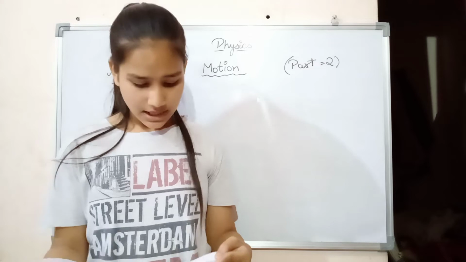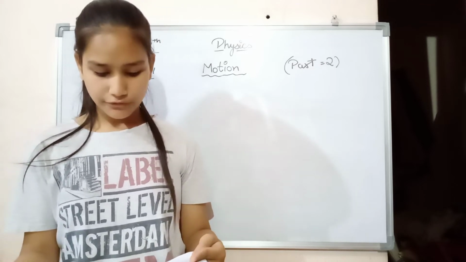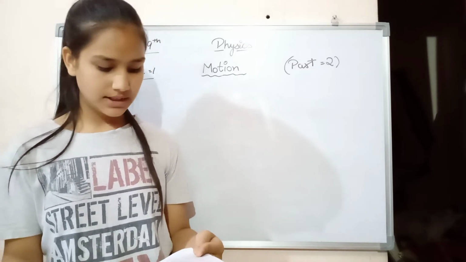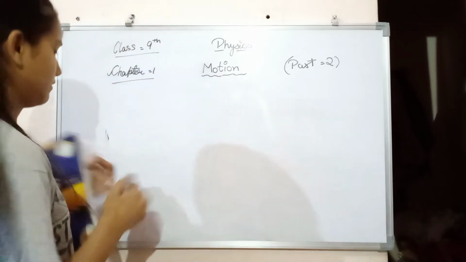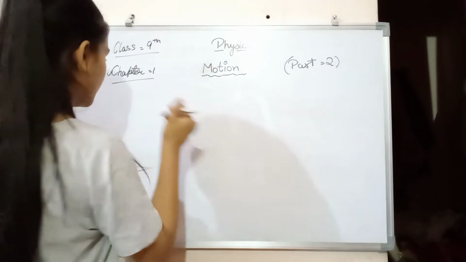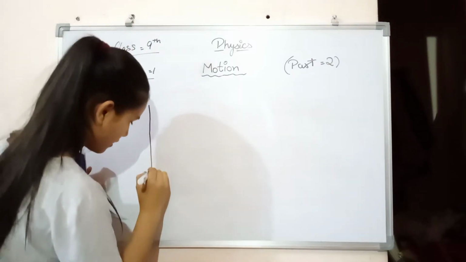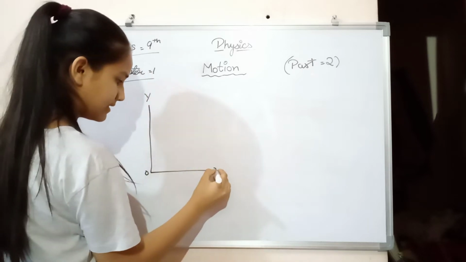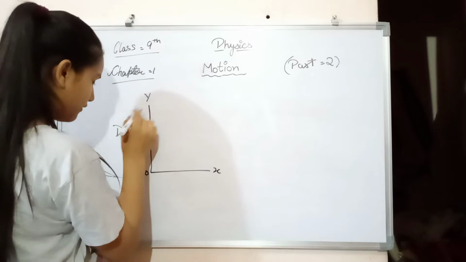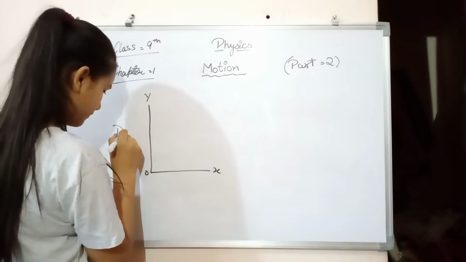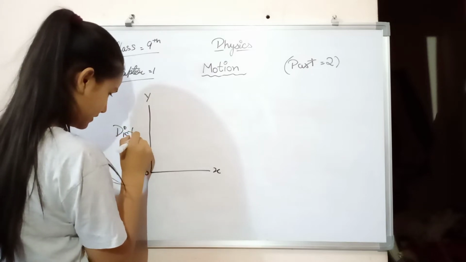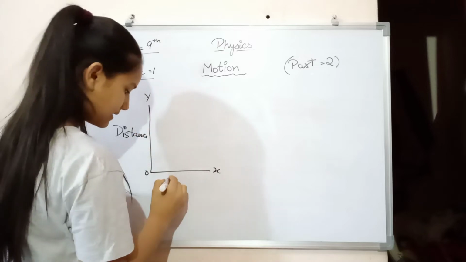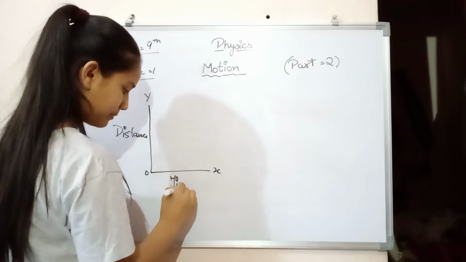Please note that the distance time graph for uniform motion is a straight line. This is the y-axis and this is the x-axis. The y-axis denotes distance and the x-axis denotes time.